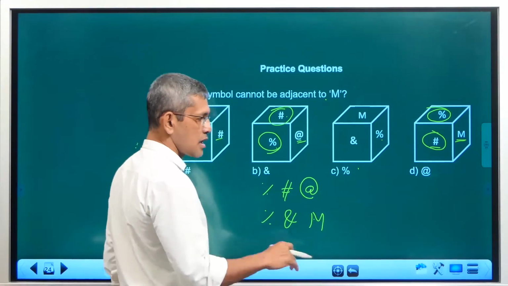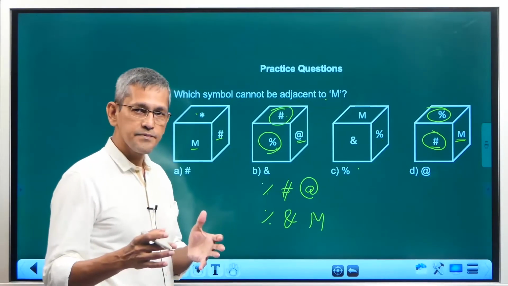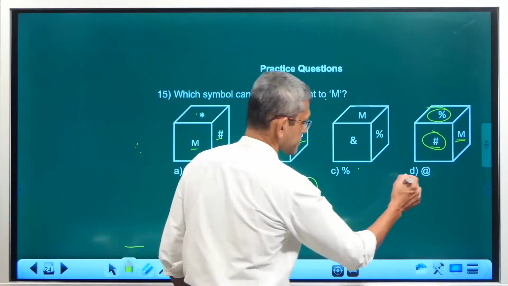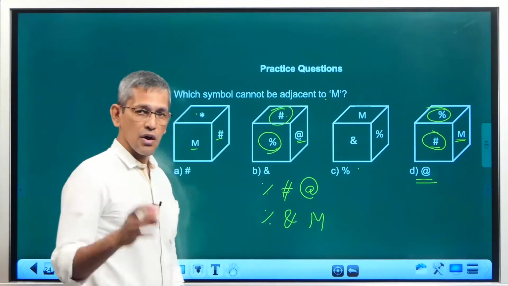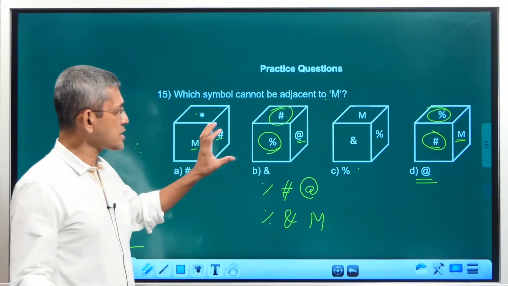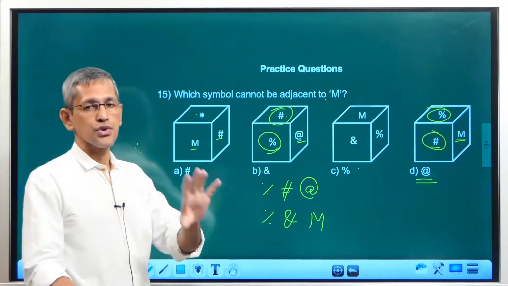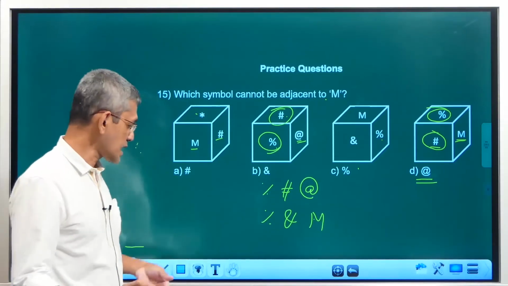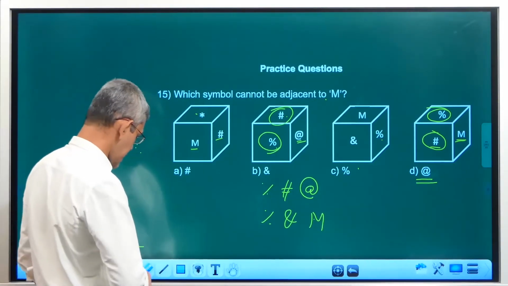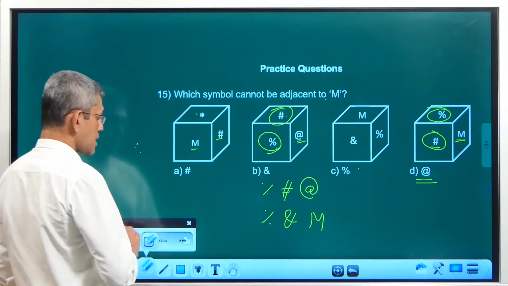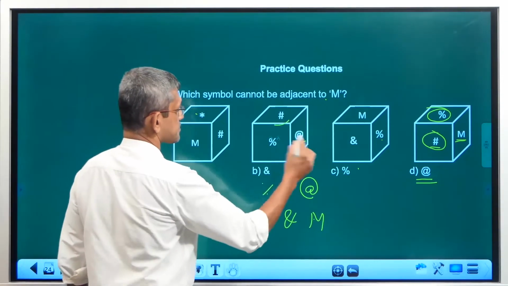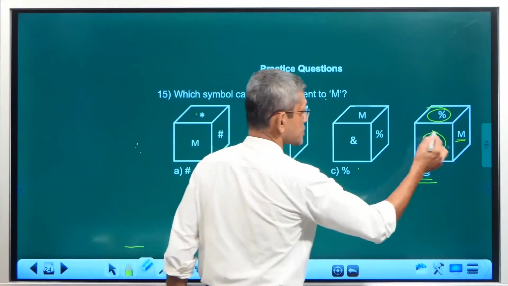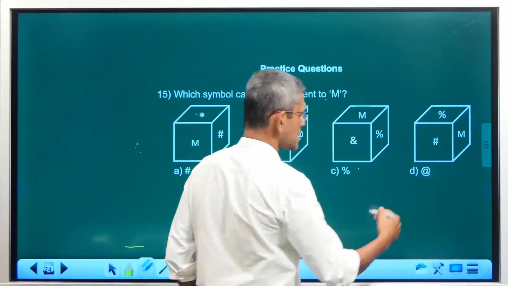Any combination you take gives you the same answer. That's the advantage of this. Which combination you take is your choice. You just look at it, and whichever catches your attention first. Let's say if you look at this question and you feel images 2 and 4 catch your attention first, then you go for that.